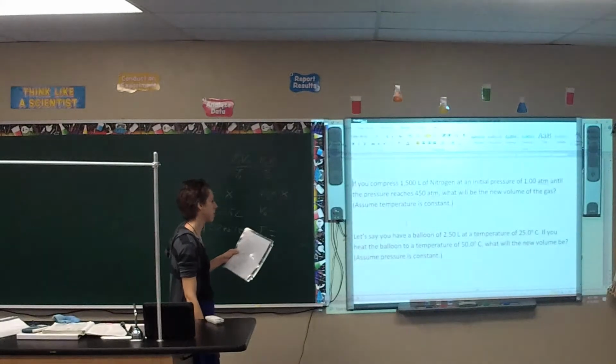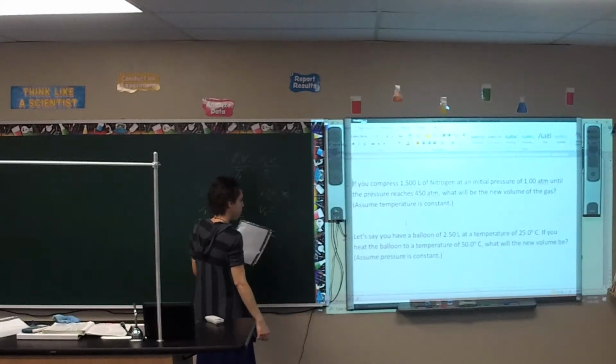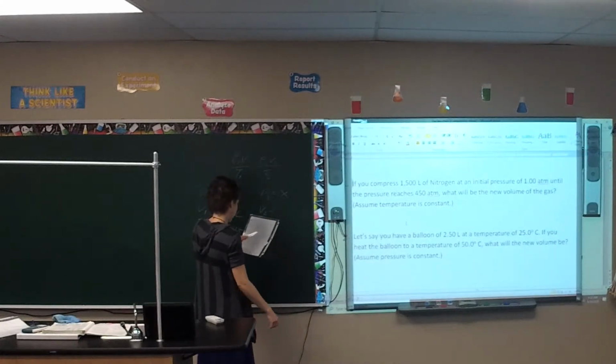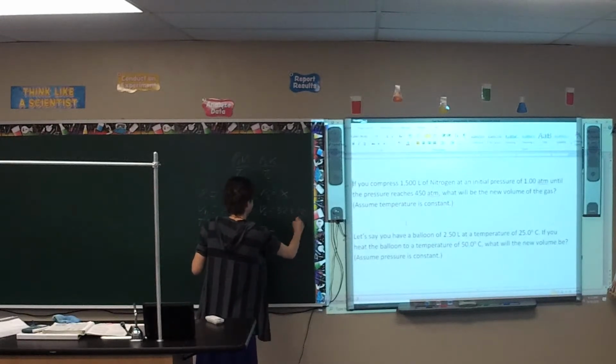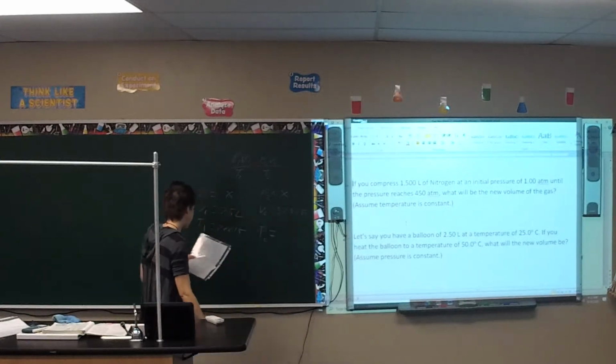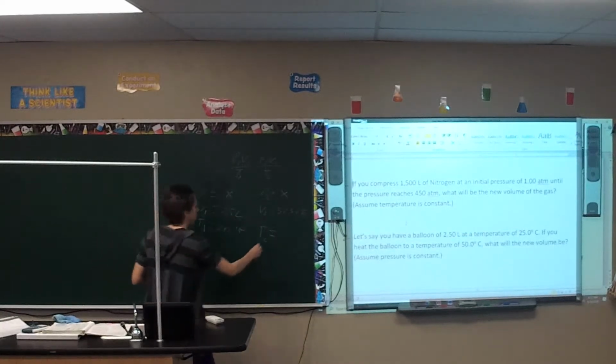I need to move my mouse more, that's my problem. So this first temperature is 298.15, so adding 273.15, this becomes 323.15 Kelvin. Alright, how do I solve this? Well, I don't have to, I wrote that in the wrong spot.